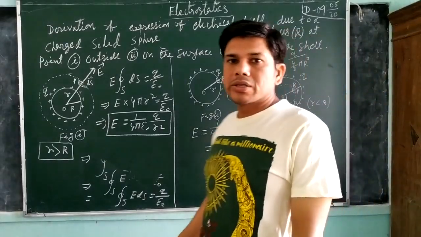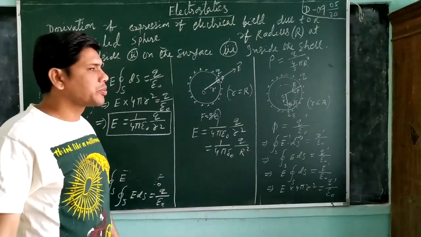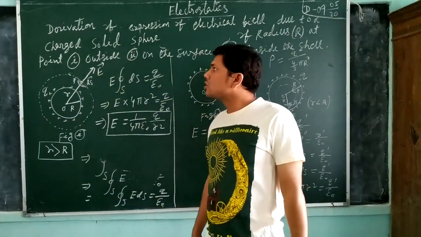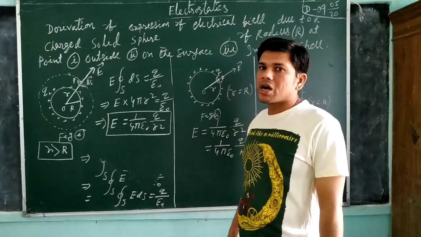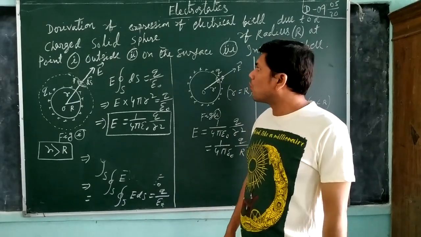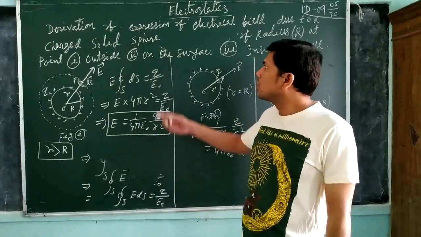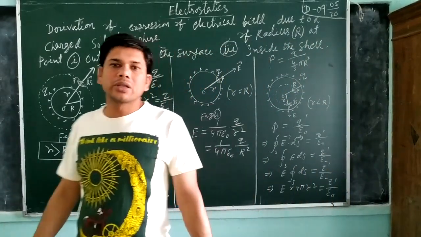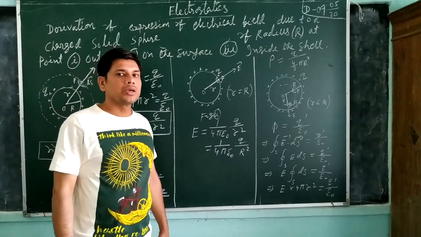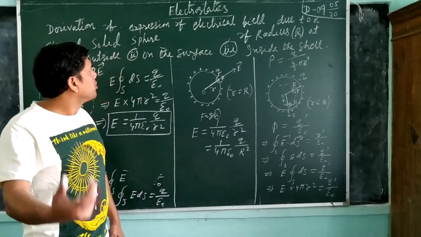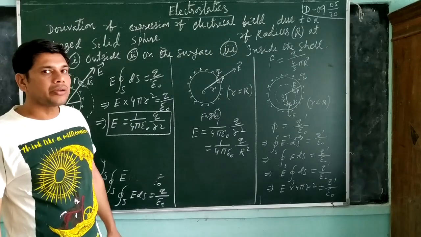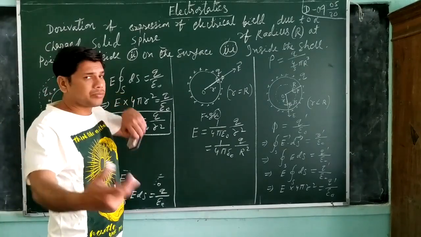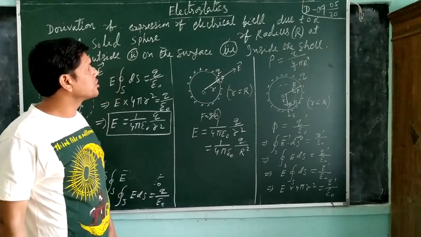In the next case, we have to derive the expression of electric field due to a spherical charged solid body or solid sphere. We already discussed how to find the electric field due to a spherically symmetric hollow sphere or spherically distributed charge shell.